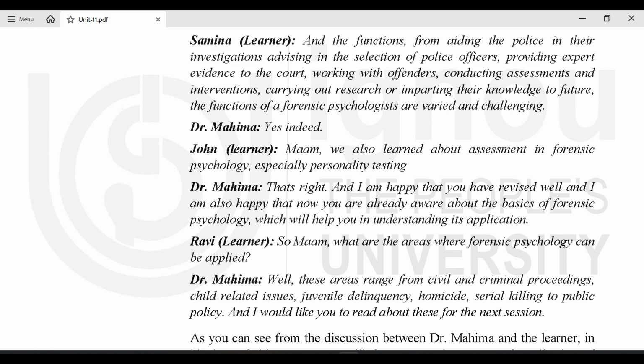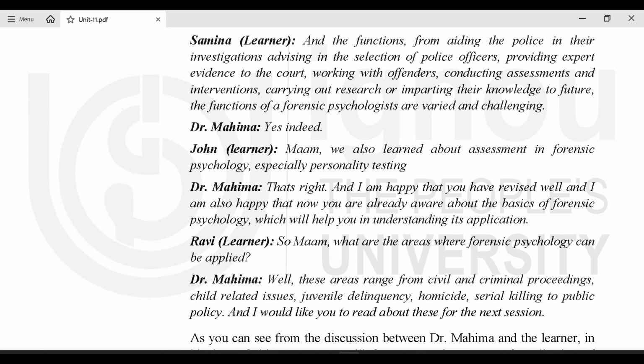The functions of a forensic psychologist are varied and challenging. Dr. Mahima: Yes indeed. John: Ma'am, we also learned about assessment in forensic psychology, especially personality testing.